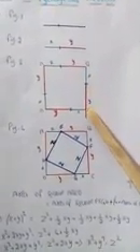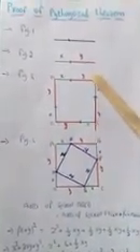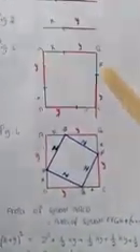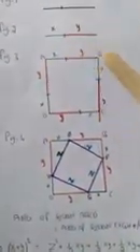That means x plus y is the length of one side, and the other sides are also x plus y, and the fourth side also. All the sides are the same, so it is clearly a square. The side of ABCD is x plus y.